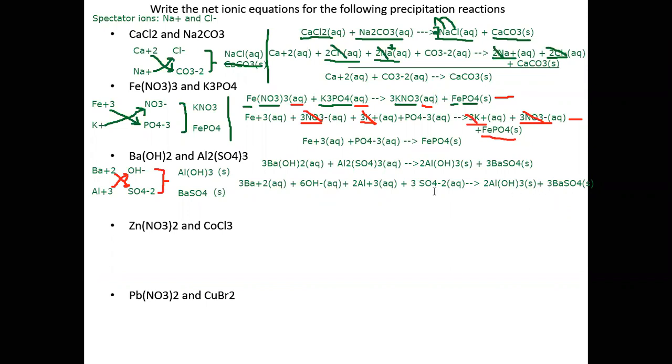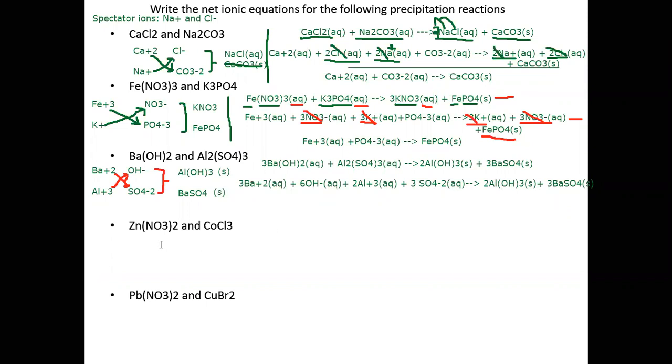So this would be the net ionic equation for a reaction involving barium hydroxide and aluminum sulfate. So since both products are solids, there's no spectator ions involved in this reaction.